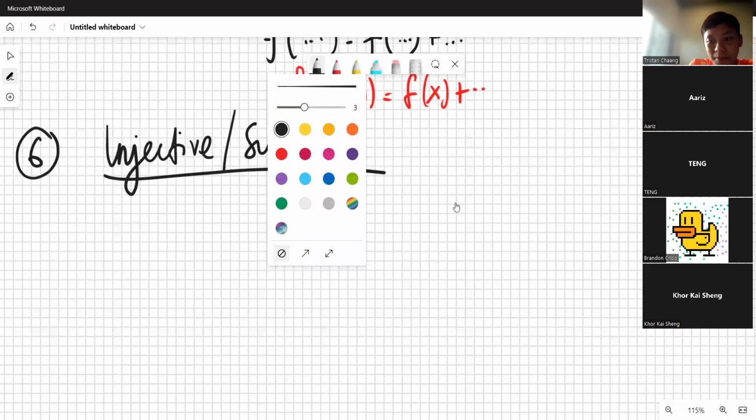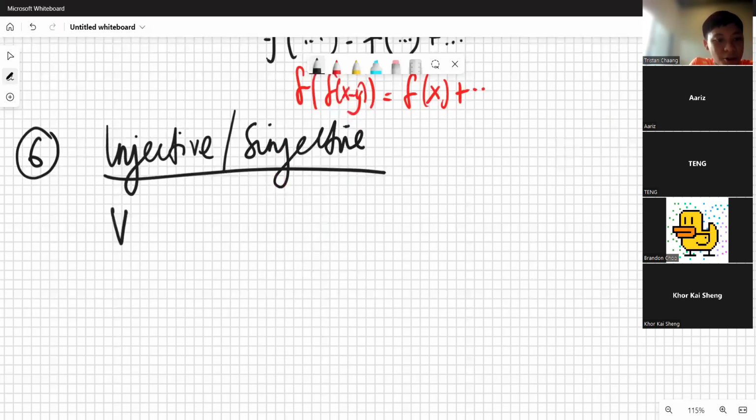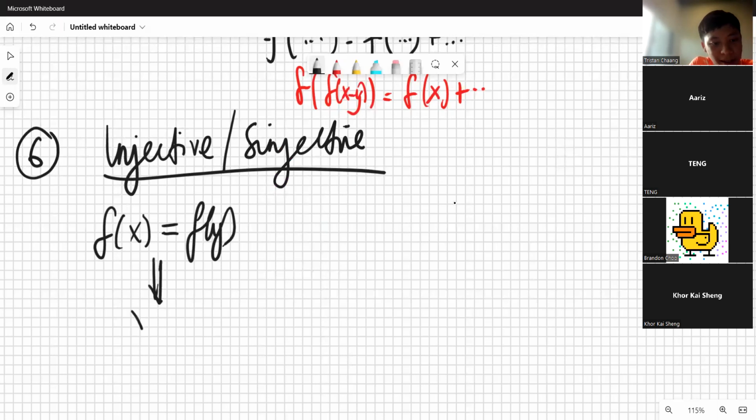So injective means for all possible cases where f(x) equals f(y), it must follow that x equals y. In fact, the reverse direction is obviously true. It's true for any function.